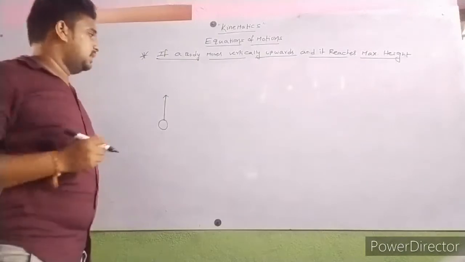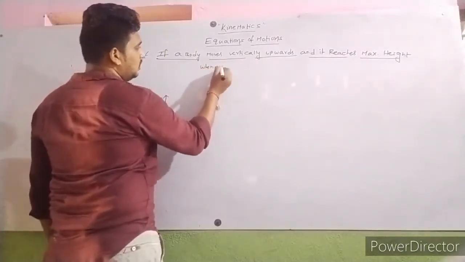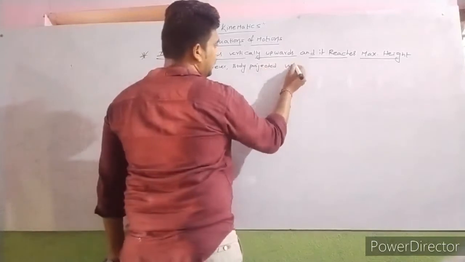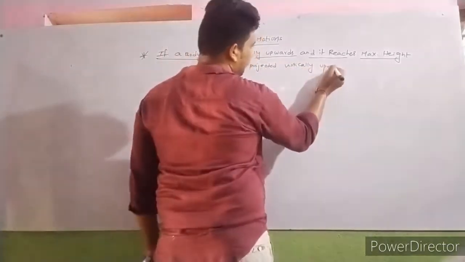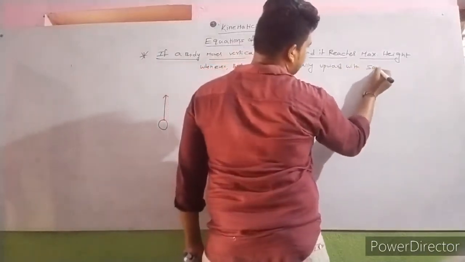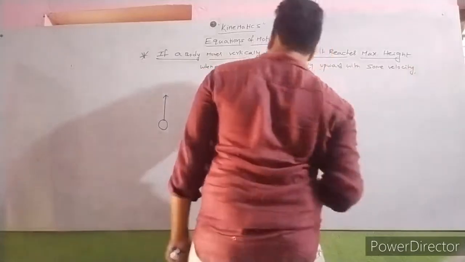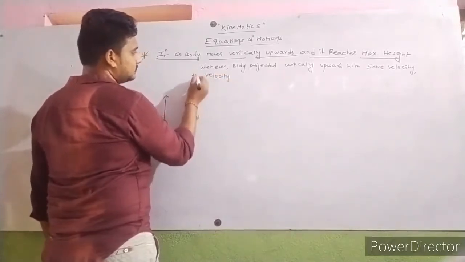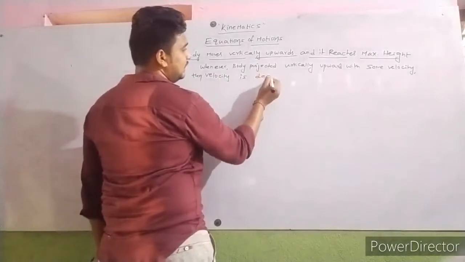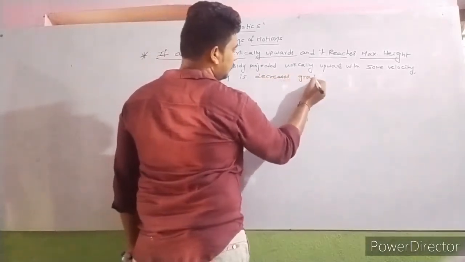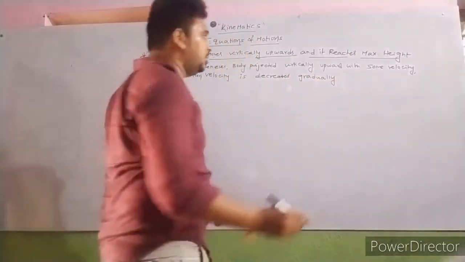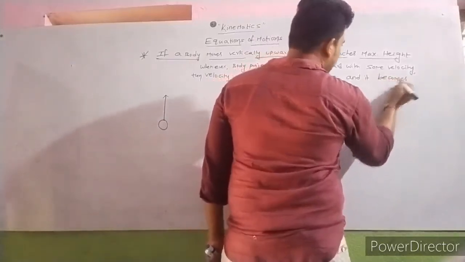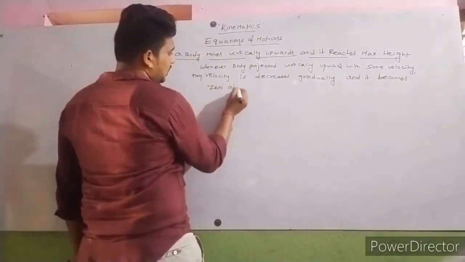So whenever a body is projected vertically upward with some velocity, the velocity decreases gradually, and it becomes zero at maximum height.